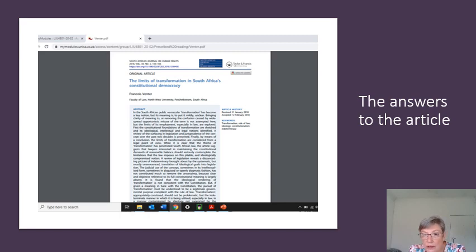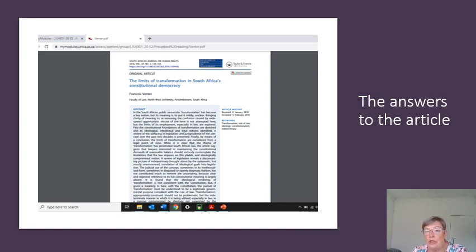Now, I chose this article because it is not something that most people will be familiar with, but also because it links ideas in the current South African situation on transformative constitutionalism with critical ideas and critical engagement with the ideas. We very seldom see critical engagement with something like constitutional democracy, or transformative constitutionalism. So this is a chance for you to see something a little bit more critical, if you wish.